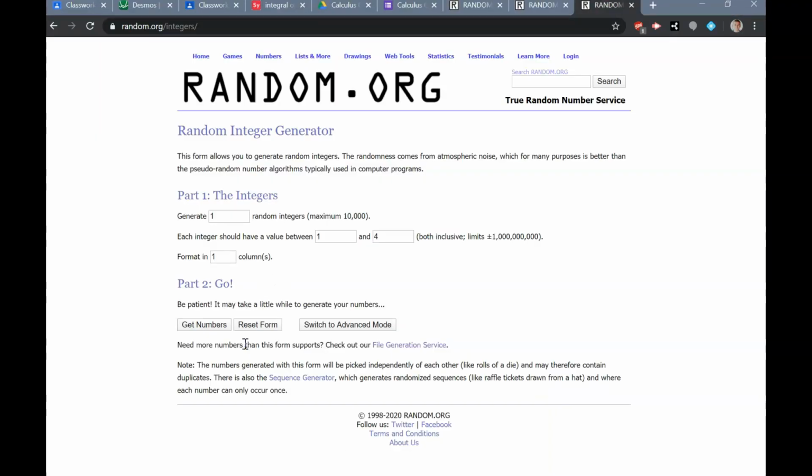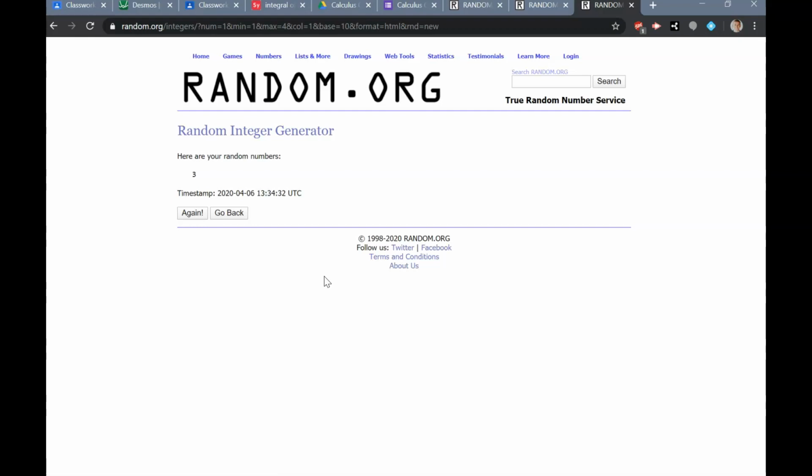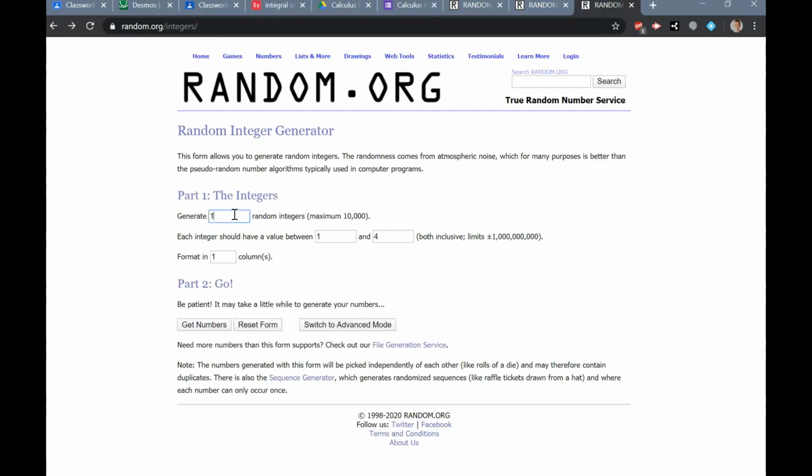So if I get a 2 here when I generate this number, that means I got a correct answer. Okay, I got a 3, which means that we got the wrong answer on that one. So what we're going to do is generate 10 integers to represent the 10 questions. Each integer is going to have a value 1 through 4, and we're going to count the number of times we got a 2.